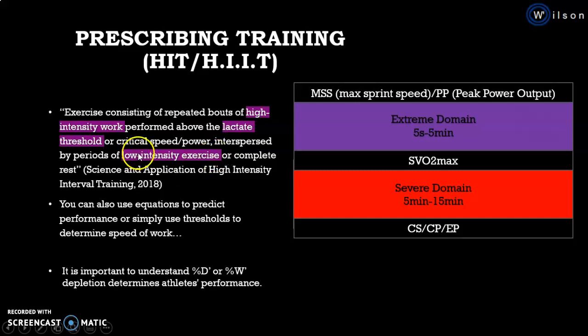And then the last thing is interspersed with periods of low intensity exercise. Well, truly, all you need to do to recuperate someone's energy after doing a bout in the severe and extreme domain is just go below critical speed in this case. So that could actually be a heavy intensity or a moderate intensity rest period.